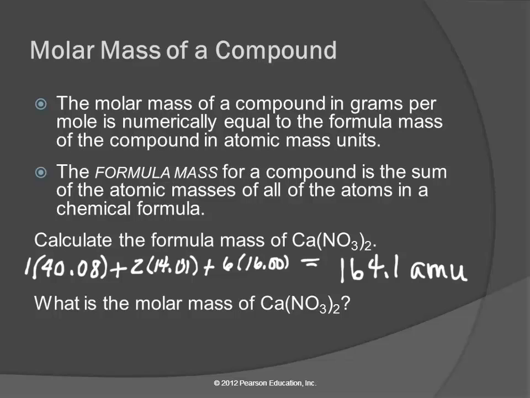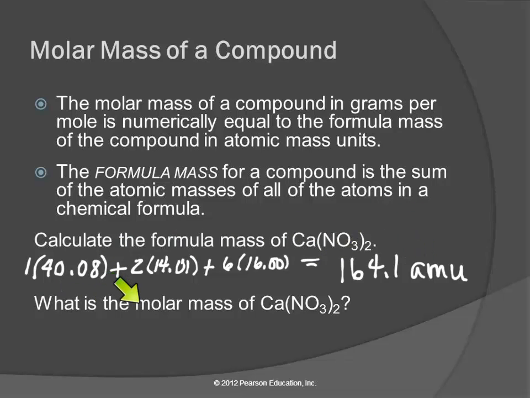I didn't read the question very carefully, so I kind of talked about it wrong. This first question is saying calculate the formula mass of calcium nitrate. That's what we learned to do in section 5.11. We took the numbers from the periodic table and multiplied them by the numbers of each atom and added them up, and the unit was atomic mass units.